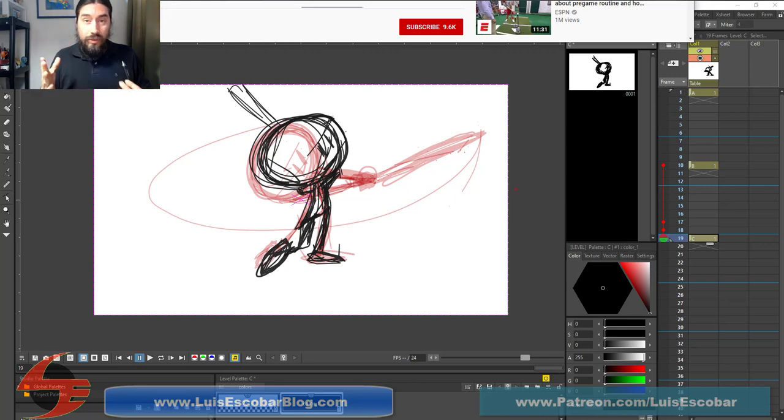The last thing you want to do when you're animating something out of reference is to copy the pose almost exactly. What happens is that you get that uncanny valley feel to it, that there's something off. That it's almost there but not quite. What you want to do is push it a little bit beyond reality. And when you push it beyond reality, it looks right.